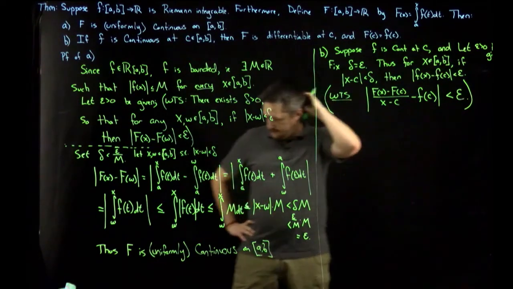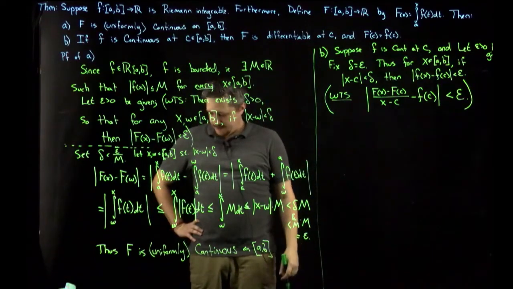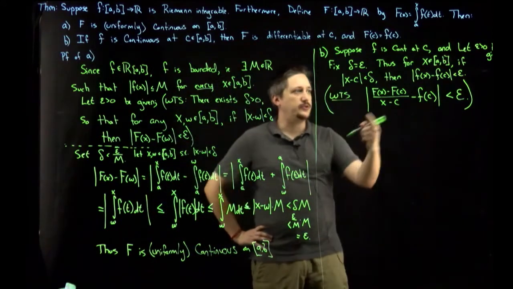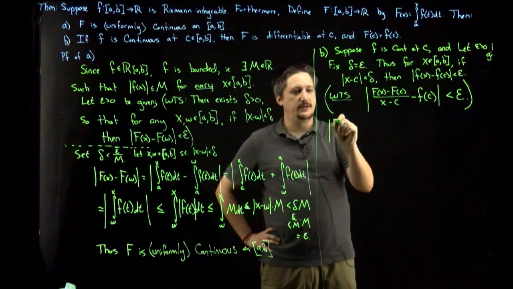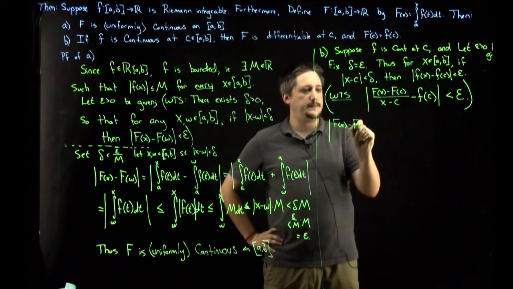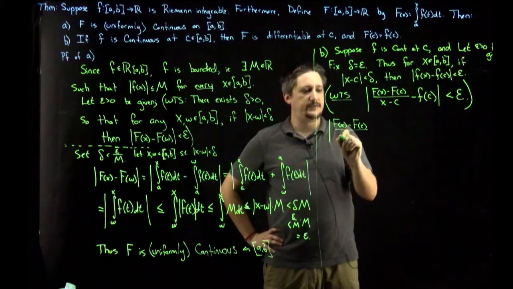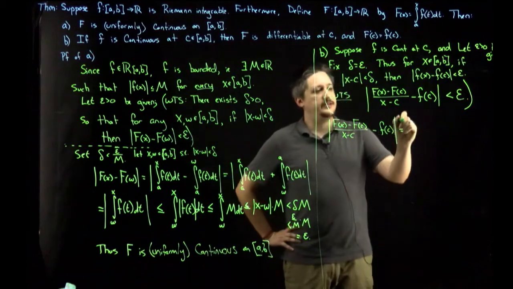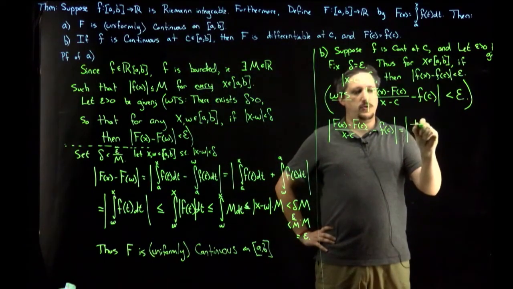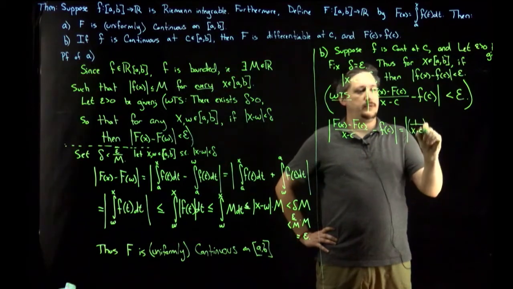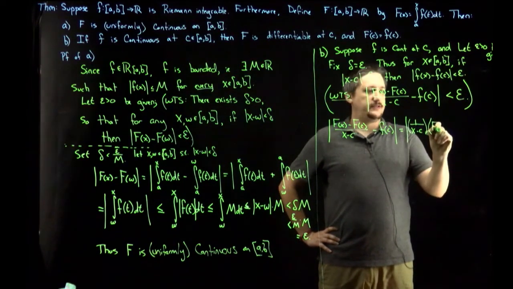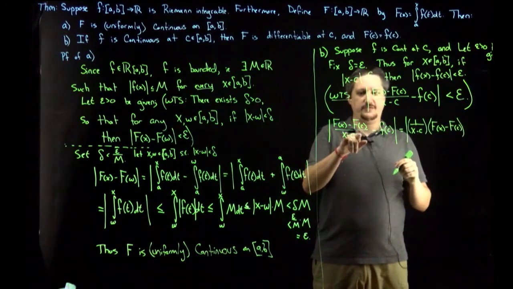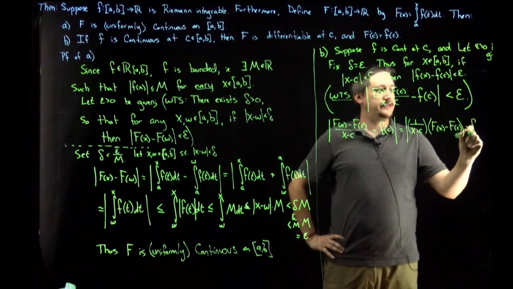All right, so like before, we're basically going to start by writing what this thing is. So let's look at (F of x minus F of c) over (x minus c) minus little f of c. This is, in particular, 1 over x minus c times (F of x minus F of c), so that's just pulling that out so it's a little easier to read, minus f of c.